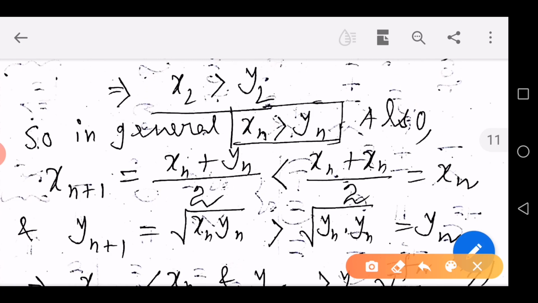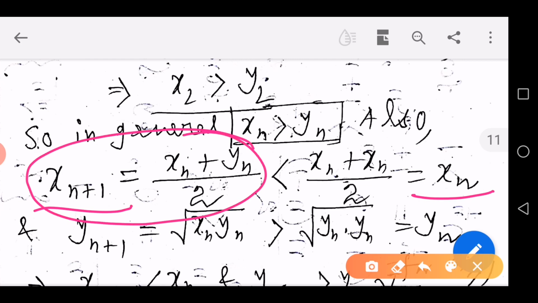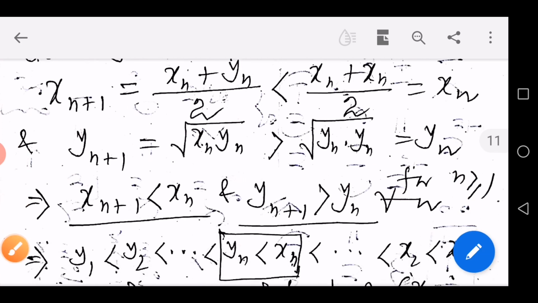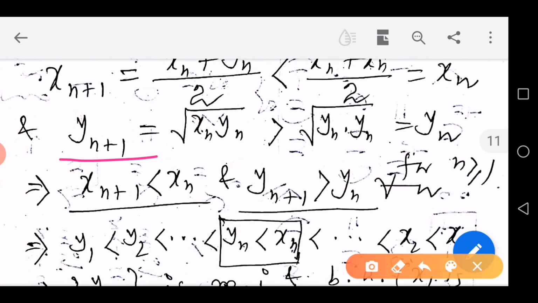Next, we have to show xn+1 is less than xn. This relation is given in the problem and we have just proved xn greater than yn, thereby xn+1 is less than xn, and similarly yn+1 is greater than yn.